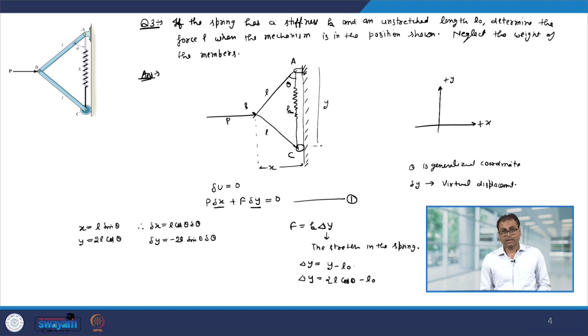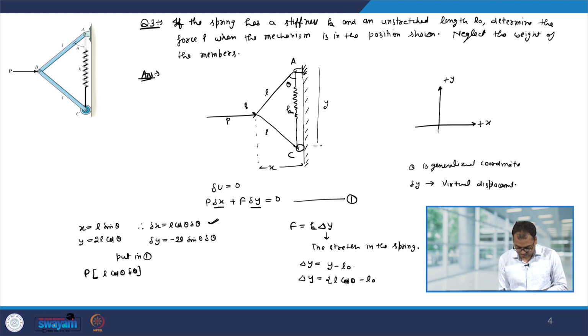Now, we are ready to rewrite equation number 1 in terms of the generalized coordinate. So, let us put everything in equation number 1. We have P times delta x, which is L cos theta delta theta, plus F, which is K times delta y. So, K times delta y is (2L cos theta minus L naught) into delta y.